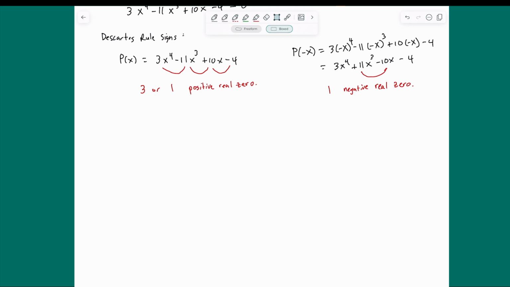Now we're going to use what I like to call the possible rational zeros theorem.